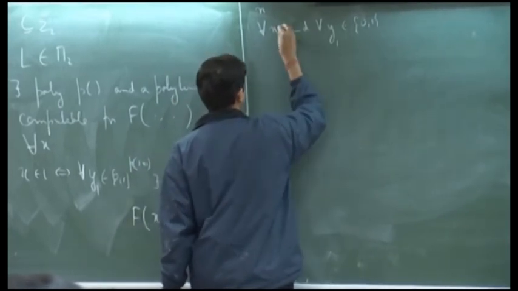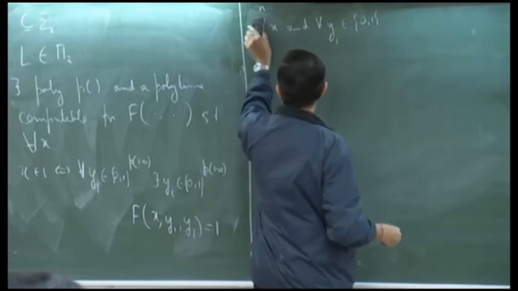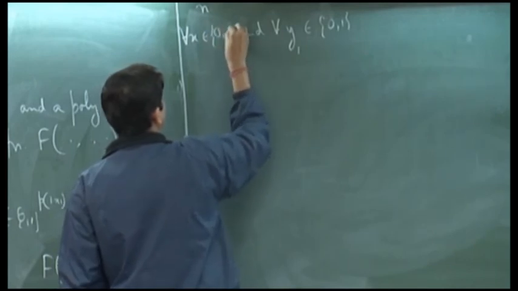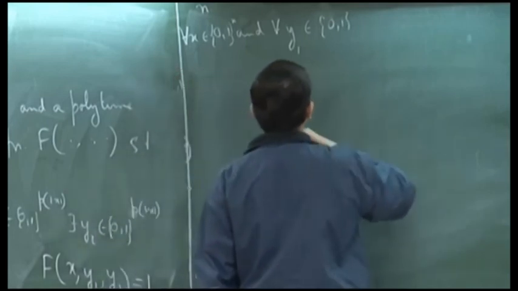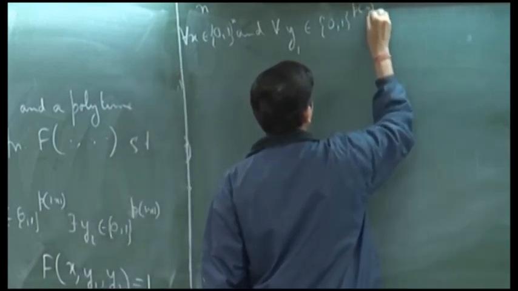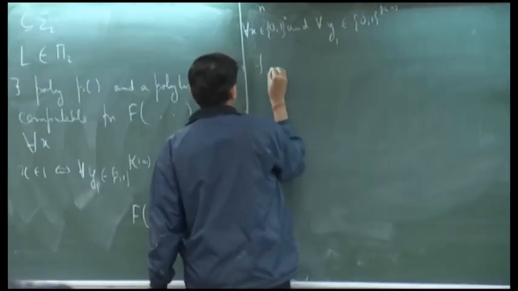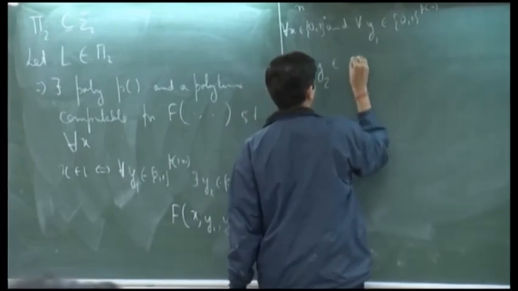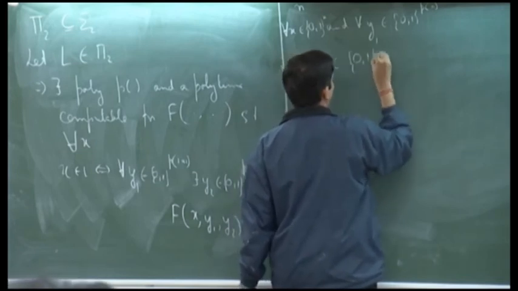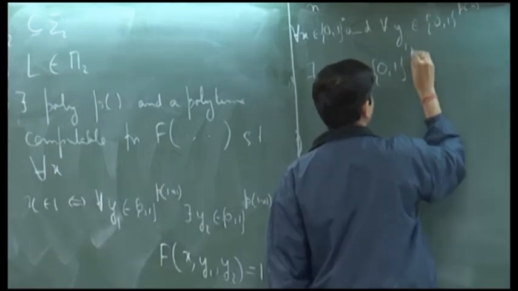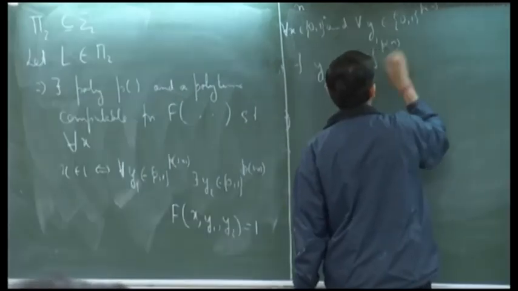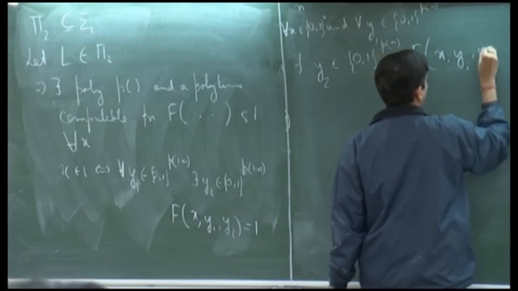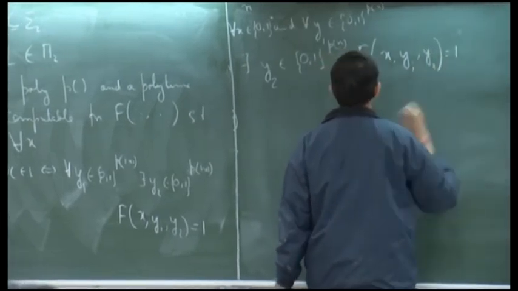So we are looking at all x's of size 0 1 to the power n and all y 1 of size p of n, there exists a y 2 of length 0 1 to the power p of n such that f of x comma y 1 comma y 2 is equal to 1.